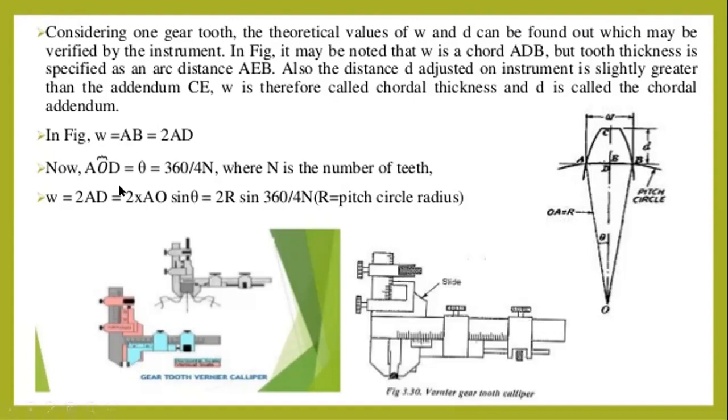Now angle AOD is equal to theta, that is equal to 360 by 4n, that is 360 divided by 4n, a quarter part, where n is the number of teeth.